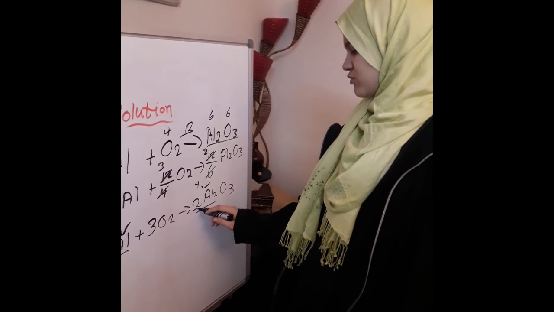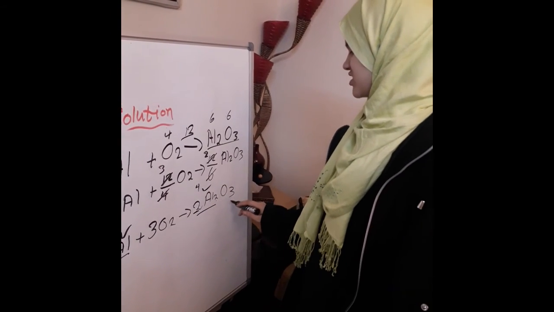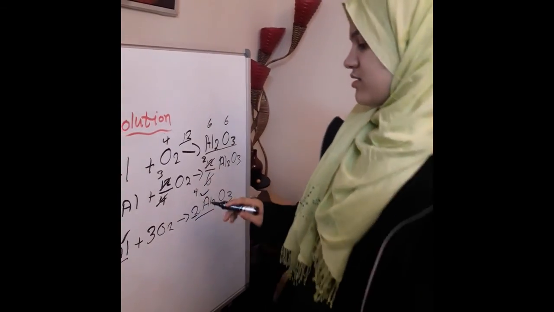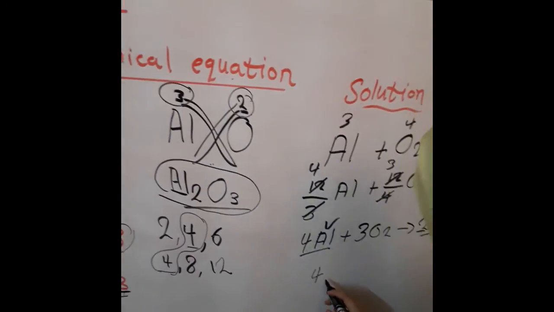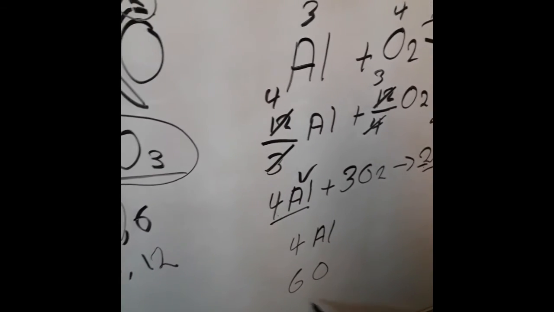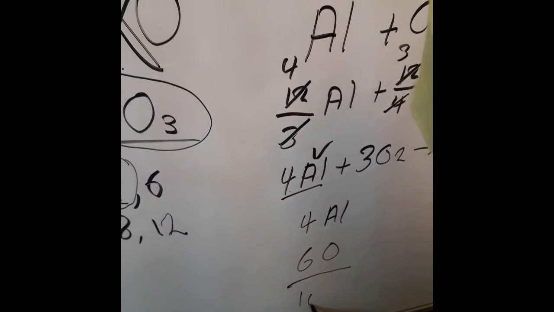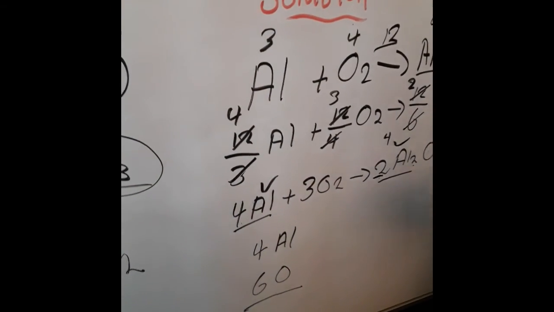Here 2 is the coefficient, then 2 times 3 is equal to 6. That means 6 atoms of oxygen. They are balanced now, 4 aluminium and 6 oxygen atoms, and the total atoms will be 10 on each side. That means it is balanced.